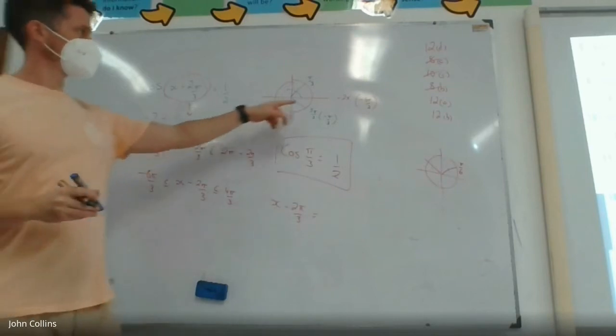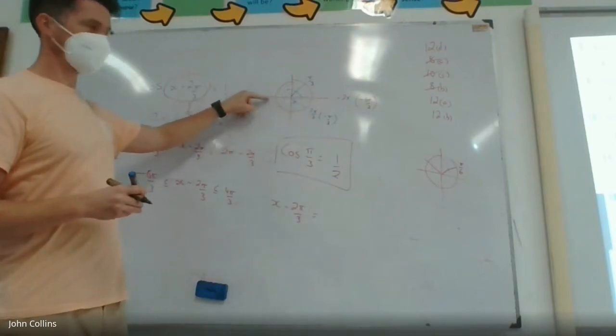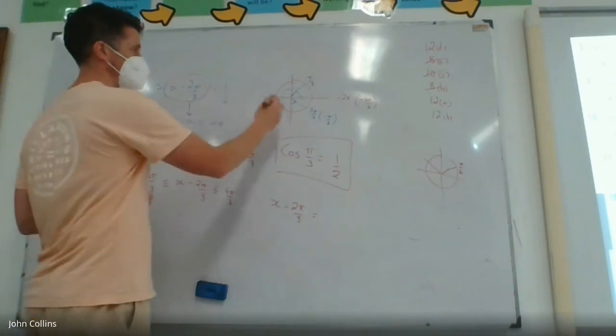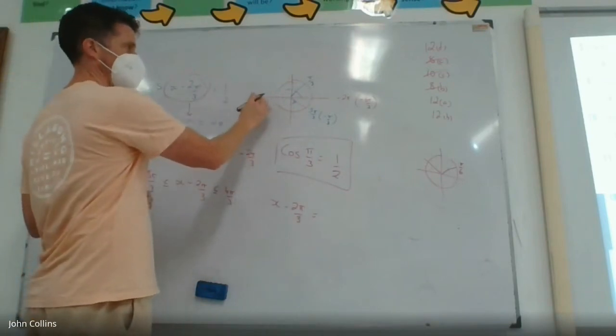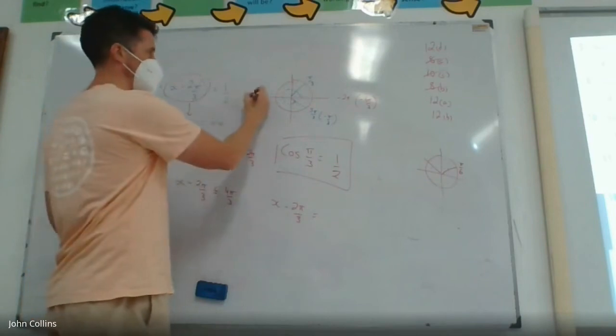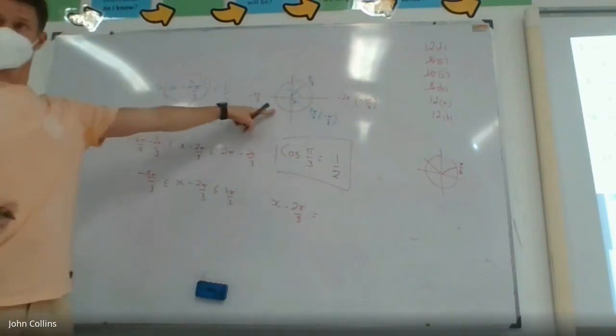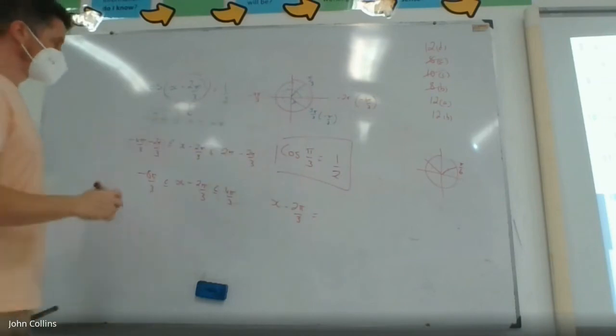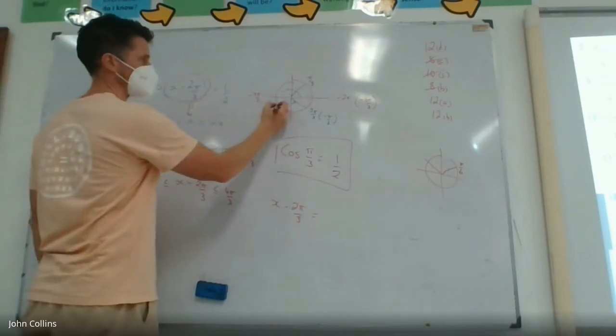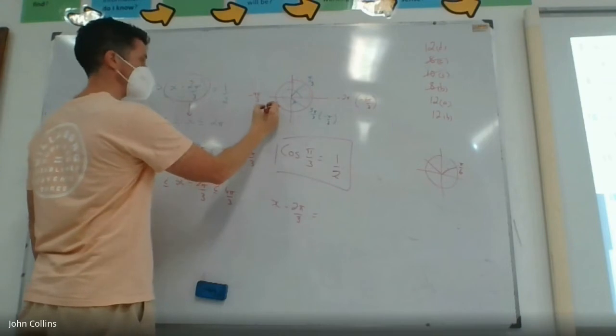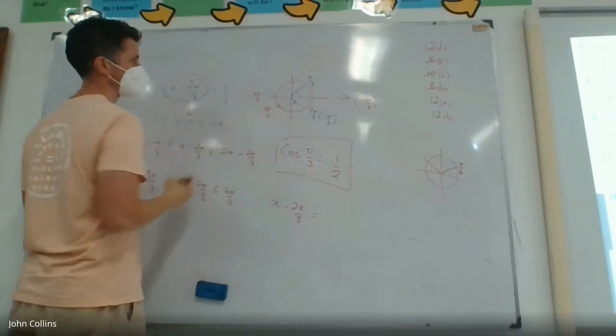Is that going to be past this line? Remember, what would this line be? It'd be negative 9 pi over 3 going backwards. Oh, yeah, it's going to be in here. Okay, so let's say it's here. This is negative 8 pi over 3, and that's our starting point.